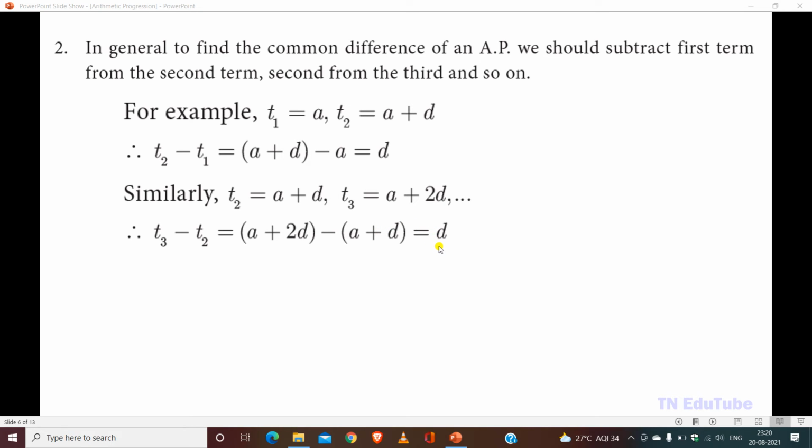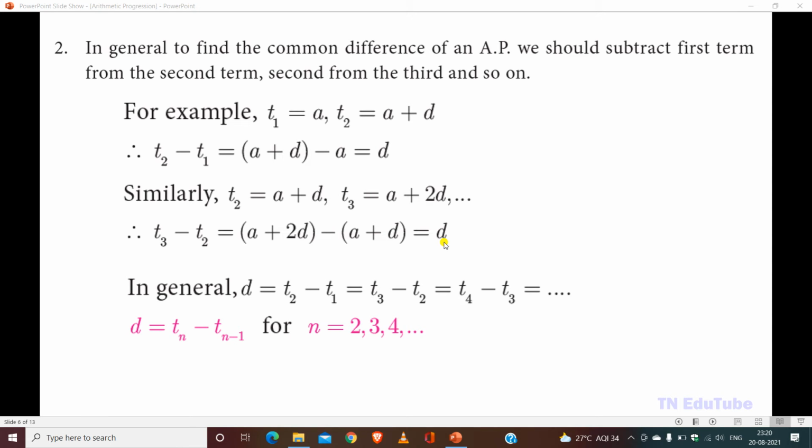So when subtracting the terms, we get the common difference. Generally, we can write it as d equal to tn, the nth term, minus the previous term, tn minus 1.